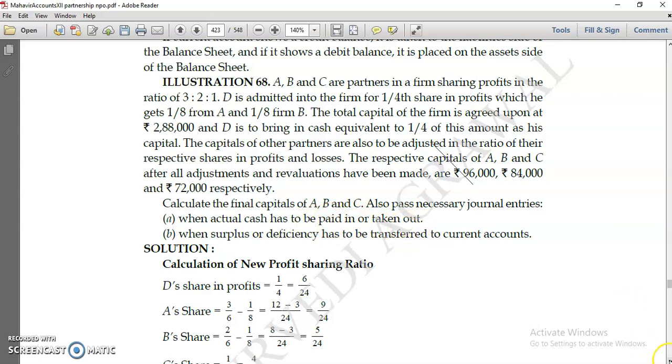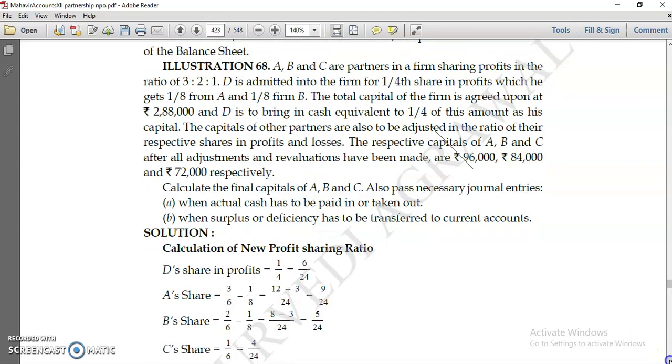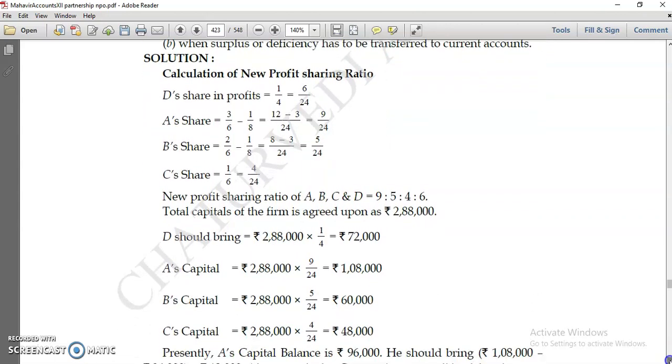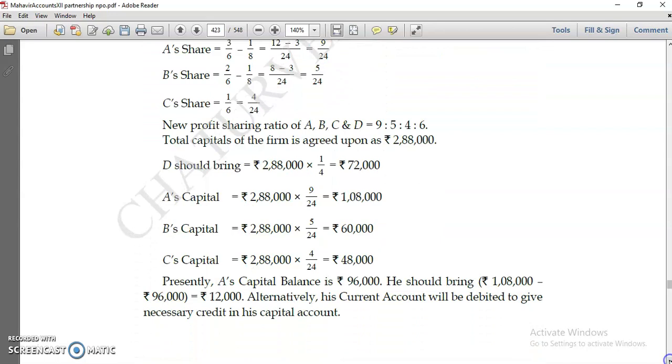Now, let's see what we understood earlier at the time of getting the information for adjustment of capital. I told you that firstly you have to calculate total capital. Now, total capital is there. If it is not there, then how could you calculate?